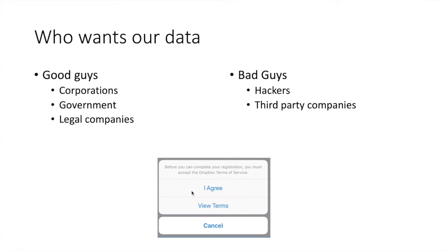We might wonder who is willing to get our data. First of all, there are the good guys, which are different types of institutions or corporations, like government institutions, legal companies. The government wants our information in order to create facilities and make our life easier while accessing different types of governmental institutions.